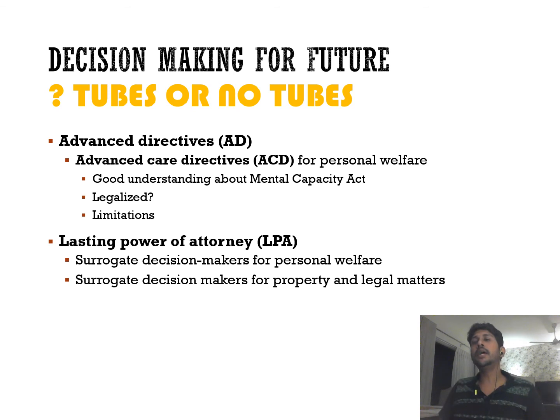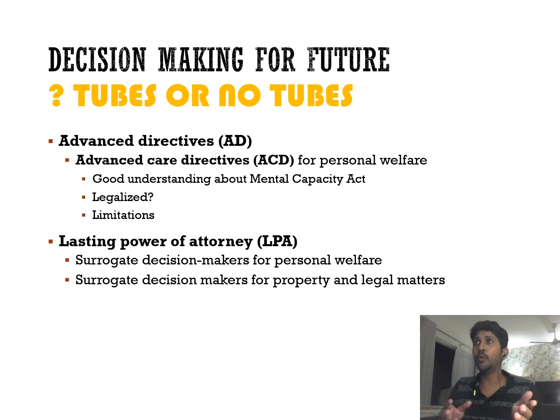And then another part of advance care planning is appointment of surrogates for decision making. So there are different forms of surrogates, but a legally appointed surrogate is one that has been documented in the advance care directive.